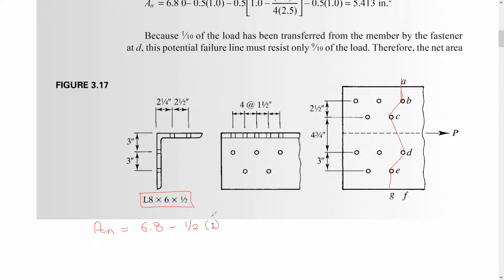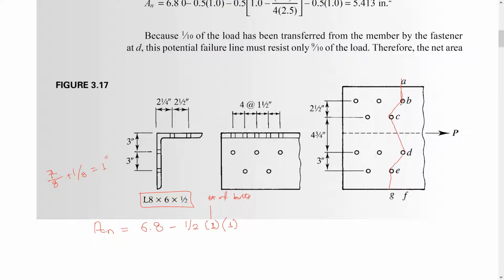This is the number of bolts, times how much the diameter for the hole here. It's going to be 7/8 plus 1/8, which is 1 inch. So it's going to be 1 inch.